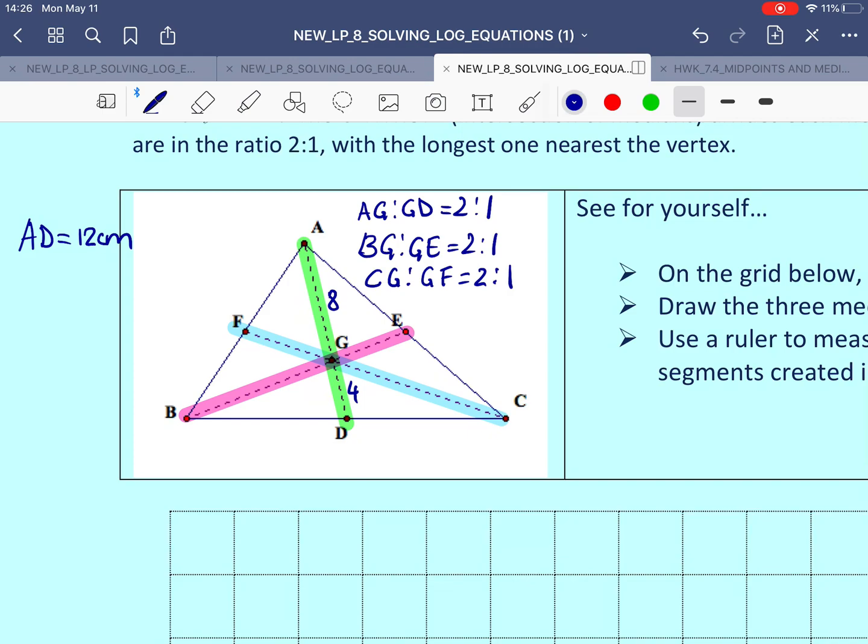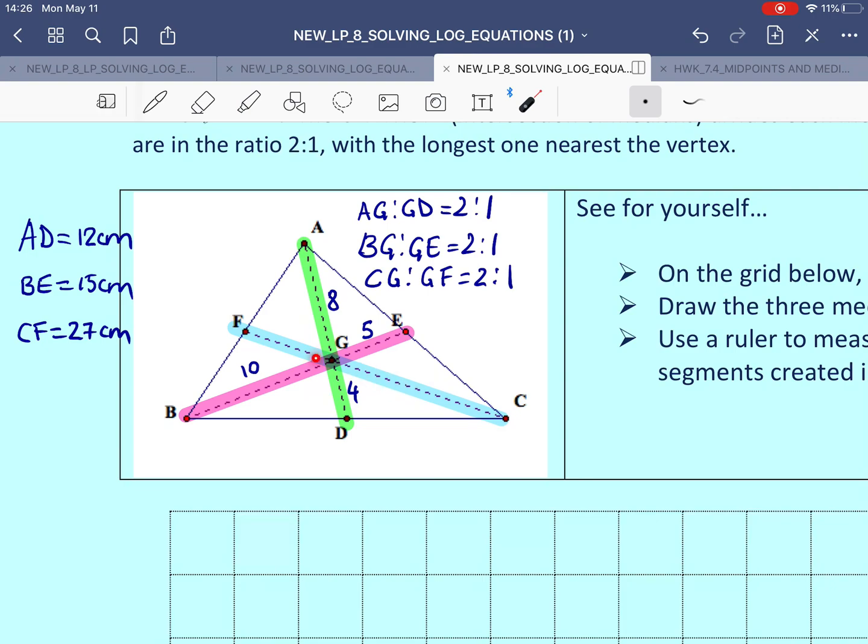Similar to this, if we had, for example, BE given 15 centimeters, then we'll say that BG will be 2/3 of 15, GE will be 1/3 of 15. So that means this will be 10 and 5. And let's do the last one. We'll give CF 27 centimeters.